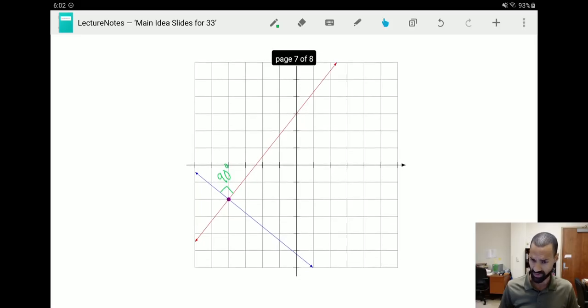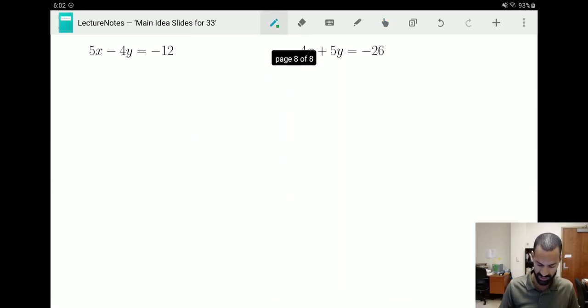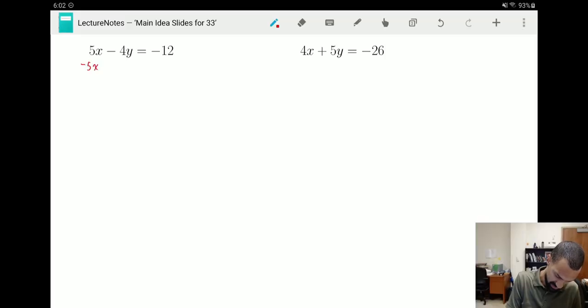I don't want to just stop right there, though. Let's see if we can figure out a way that we can tell two equations are perpendicular lines. So let's rearrange both of them, get them in slope-intercept form, and see what we find out. So subtract 5x from both sides.